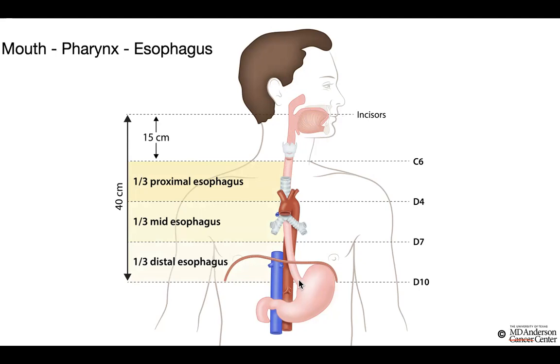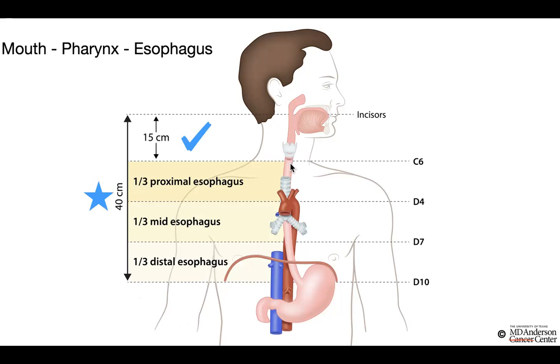By the time the endoscope reaches the junction between the esophagus and the stomach, it has to traverse at least 40 centimeters. And as you can see here, it takes about 15 centimeters to reach the upper esophageal sphincter.